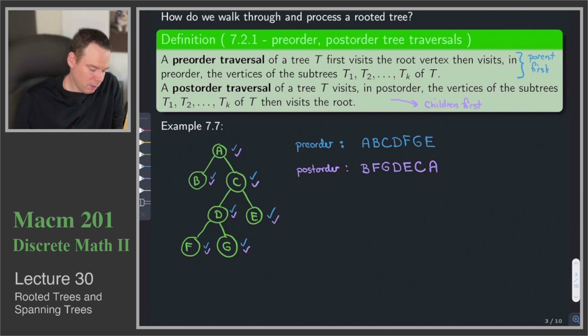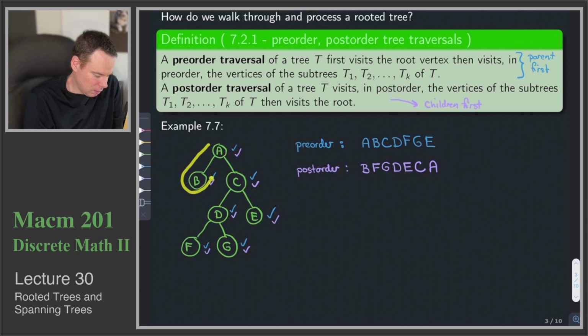So one nice way to think about the pre-order versus the post-order. Post-order is a little bit more challenging to get because you got to go all the way down the tree, process, and then sort of backtrack. Whereas the pre-order, I like to think about processing in pre-order in this way. Visit A, and then just sort of outline the tree.